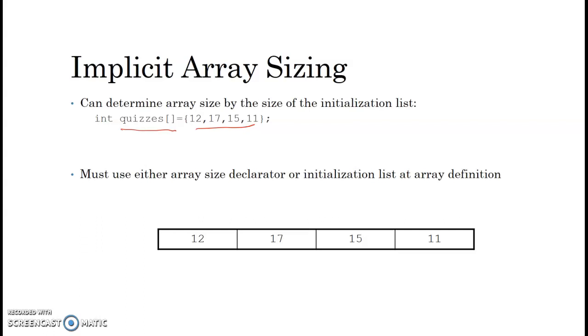And so quizzes will be declared with a size of 4 based on the initialization list given, since a size was not given in the square brackets. So there are a variety of ways that we can declare an array with values already in the array, and whether or not I would need to give it a size as part of its declaration.